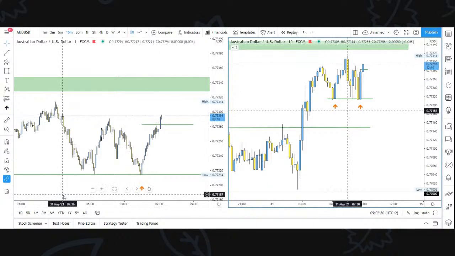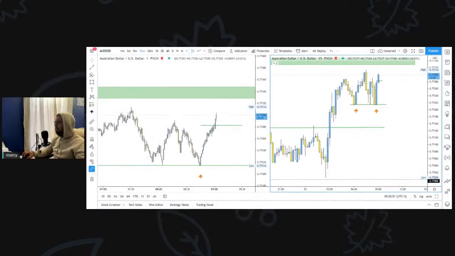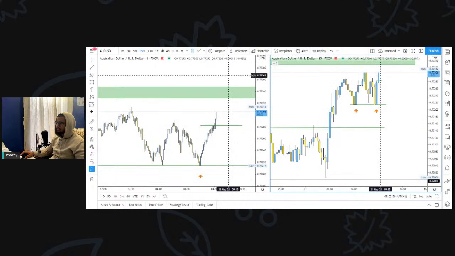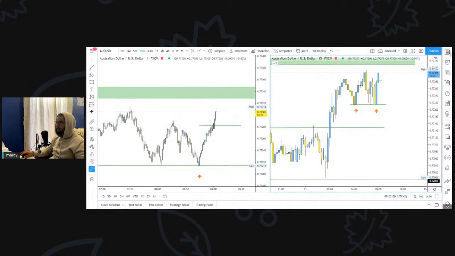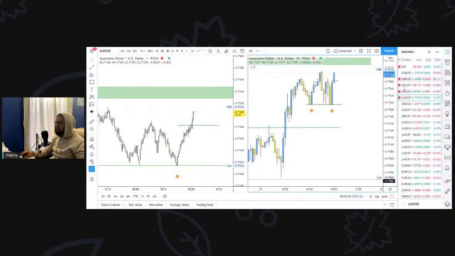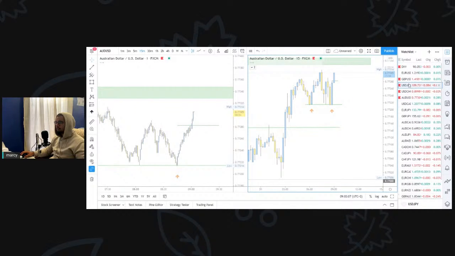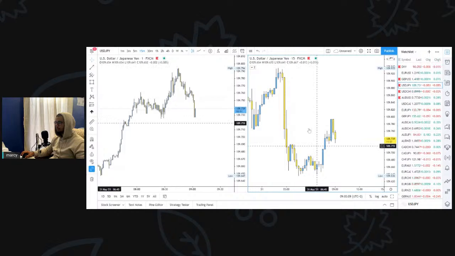Okay. If AUD leaves us behind, it's completely fine, guys. Okay, there's that push that we were expecting. Let's check USD. So this thing should be coming down now. Yep.